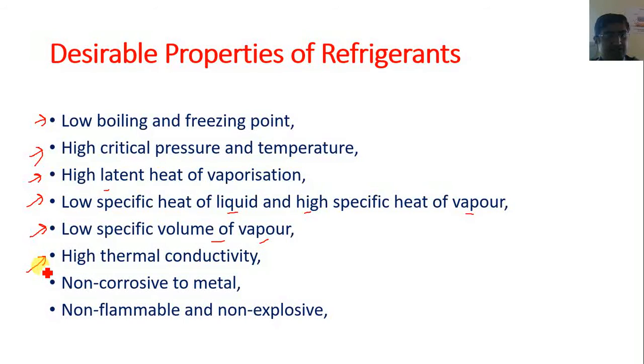It has high thermal conductivity, so more heat interaction is possible. It must be non-corrosive to metal, so there will be no corrosion inside the various parts, such as the copper tubes. It must also be non-flammable and non-explosive.